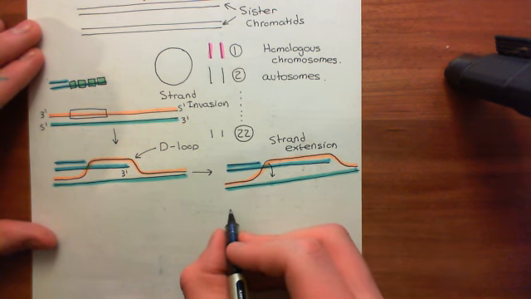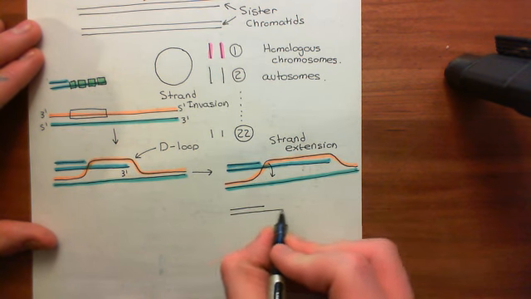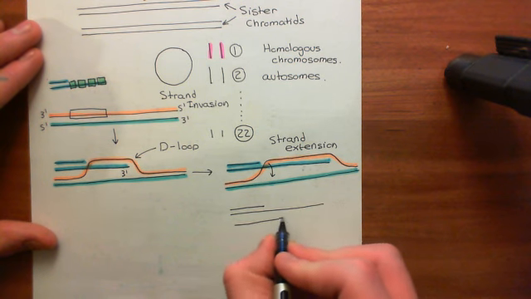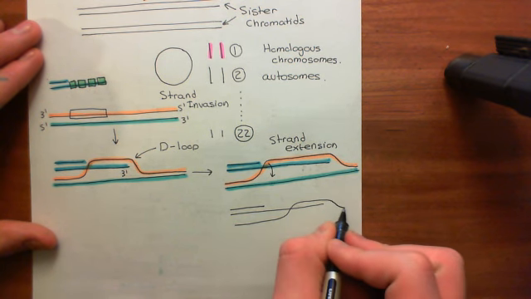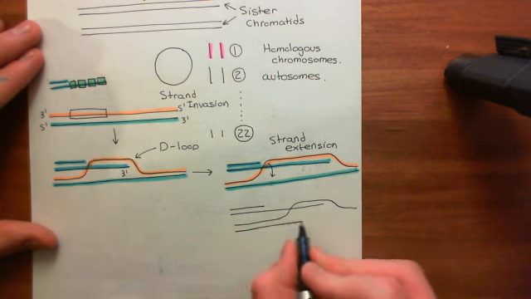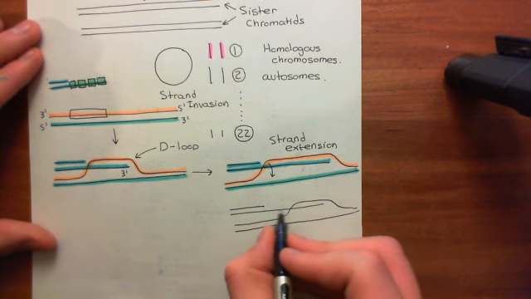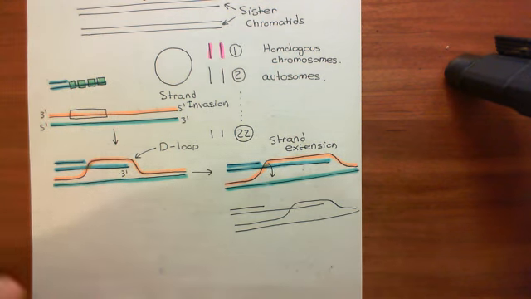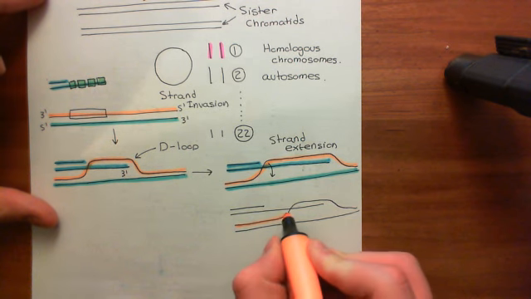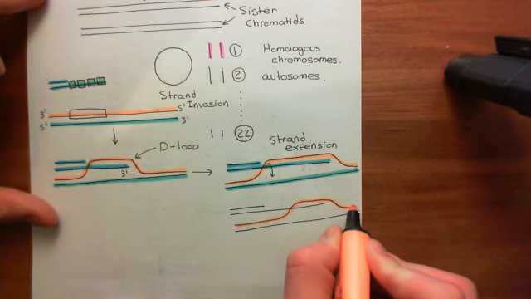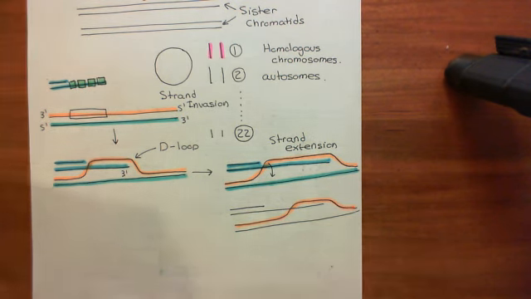Okay, so what will start to happen is this. We'll start to get the orange strand just over here now, and the 3' overhang here is no longer attached to the orange strand. The orange strand has gone back to being attached to the turquoise strand.